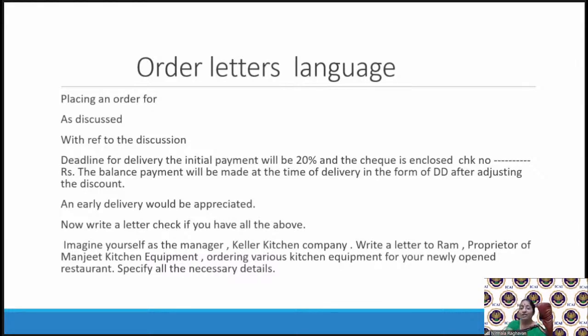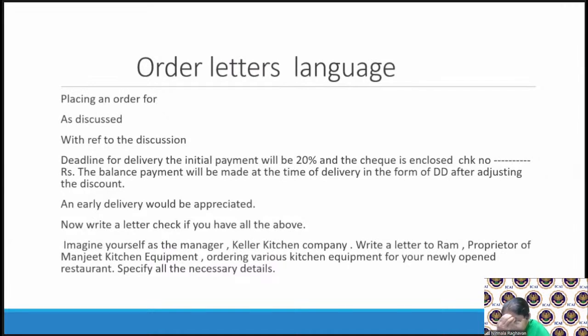Now, Keller Kitchen Company, you write to them asking for various kitchen equipment. What kind of kitchen equipment can you order? Maybe the stove, the chimneys, the giant idli cooker, then the toasters. I mean, there are plenty of things.